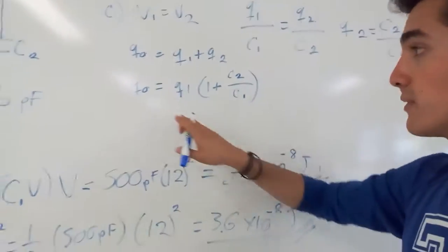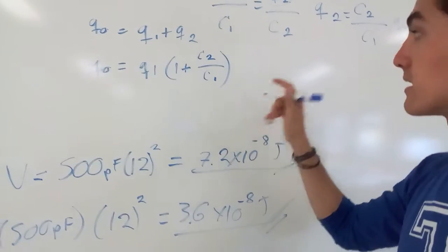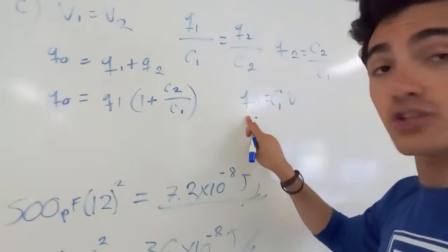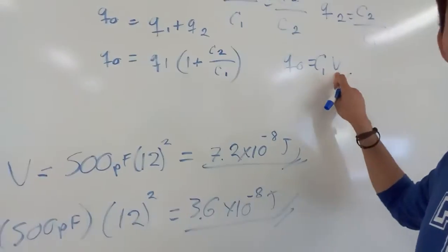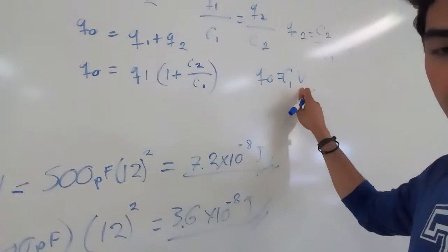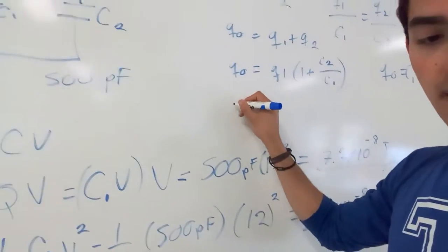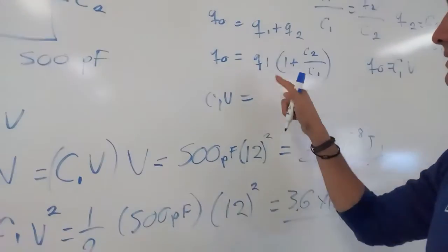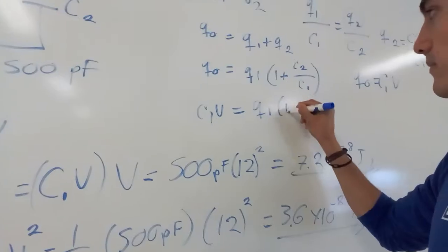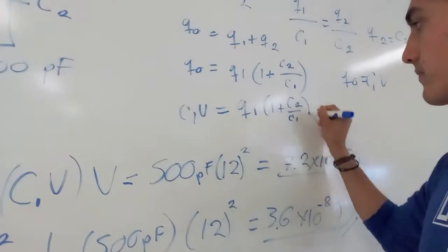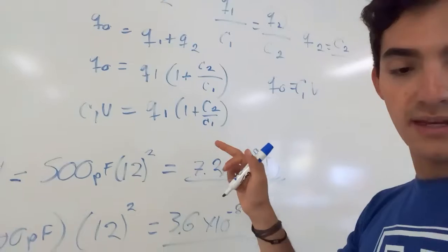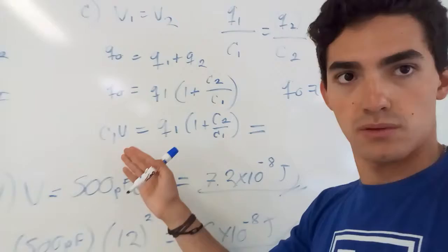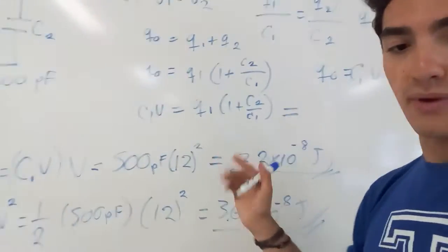Okay? Once we know this part, we can reuse this expression that the charge is equal to the capacitance times the voltage, and then we can say that the capacitance 1 times the voltage is equal to exactly this part in here. Once we denote this part, we only have to substitute, because we know the values right now.